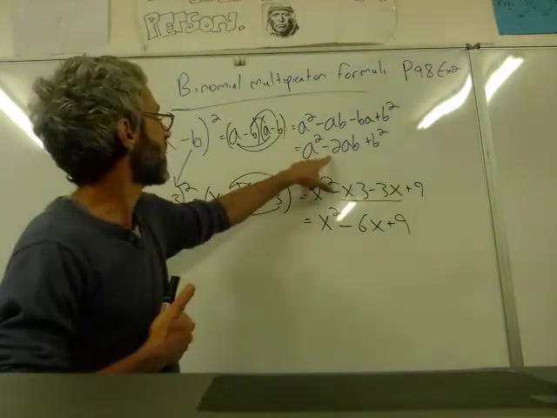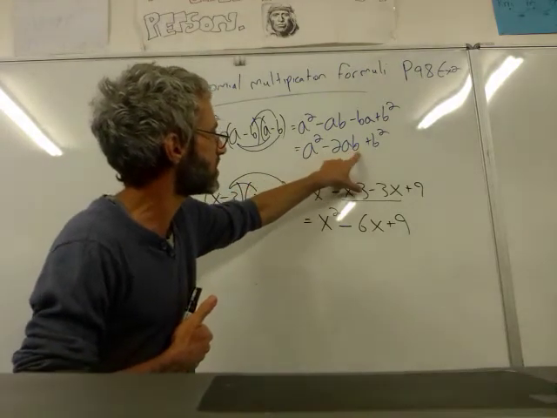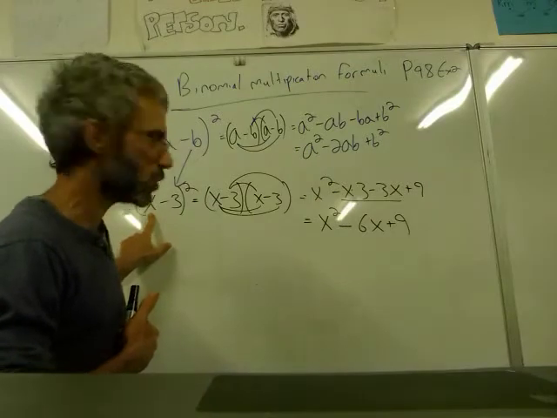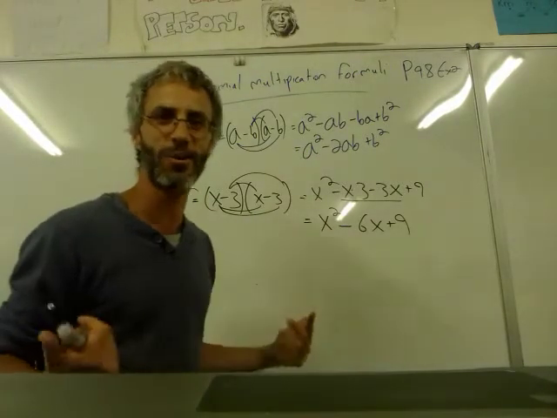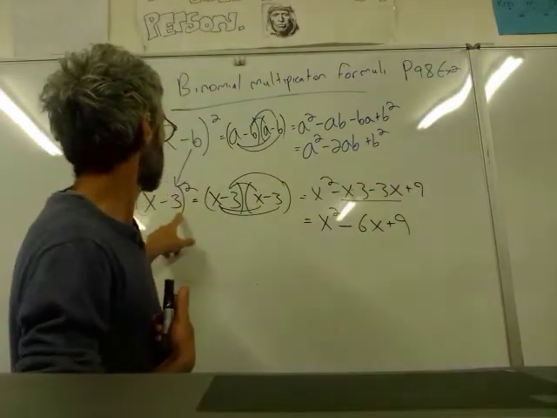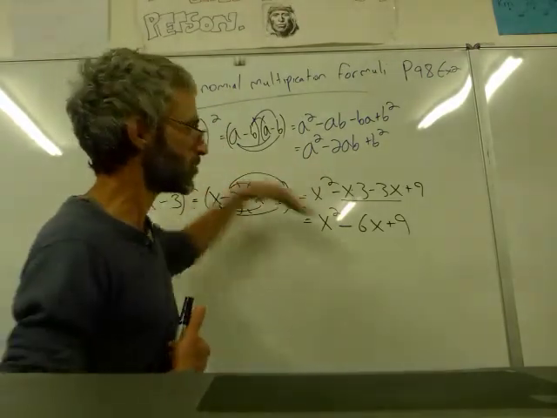Great. The second term is minus 2 times the first term times the second term. The first term is x, so minus 2x times 3 is going to be minus 6x. It worked. Then square the second term. What is the second term? 3, so plus 9. See, we could have used that formula straight away.